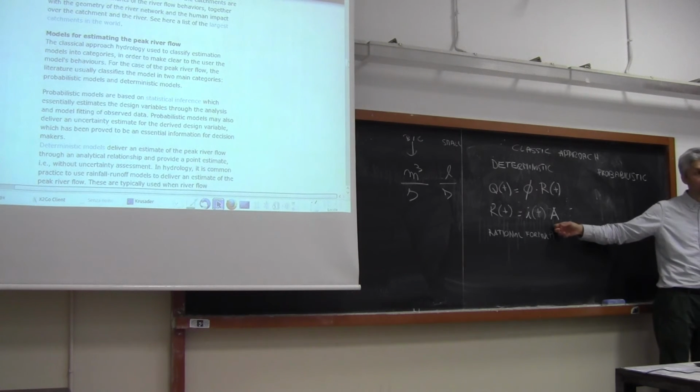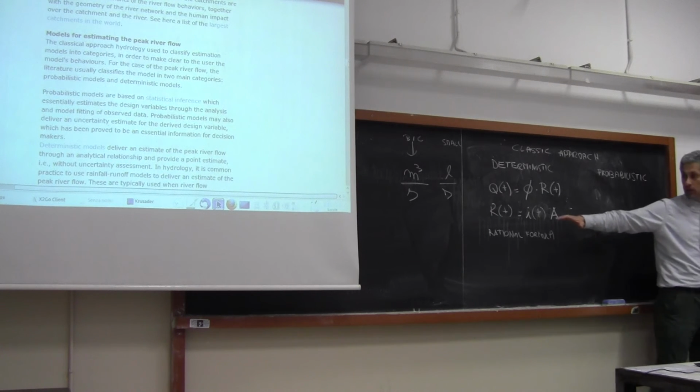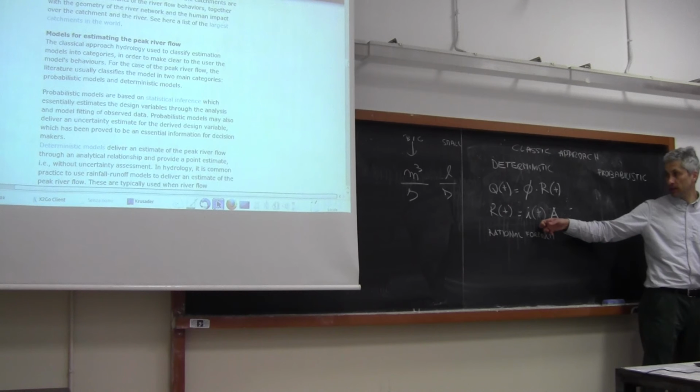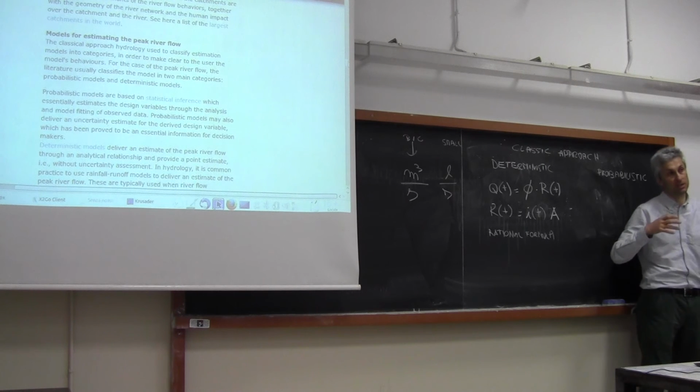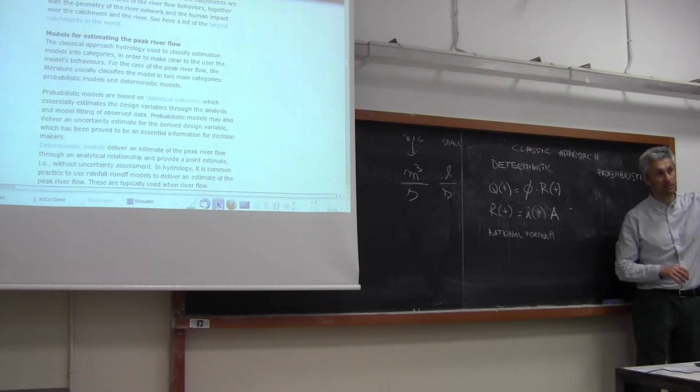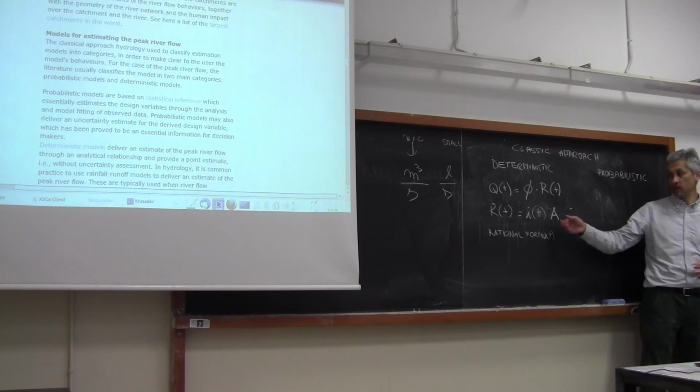So if you know the rainfall that originates the peak flow, then you multiply the rainfall intensity at the same time, and this is an assumption, because you may say, yes, but sometimes the watershed reacts with a time lag.